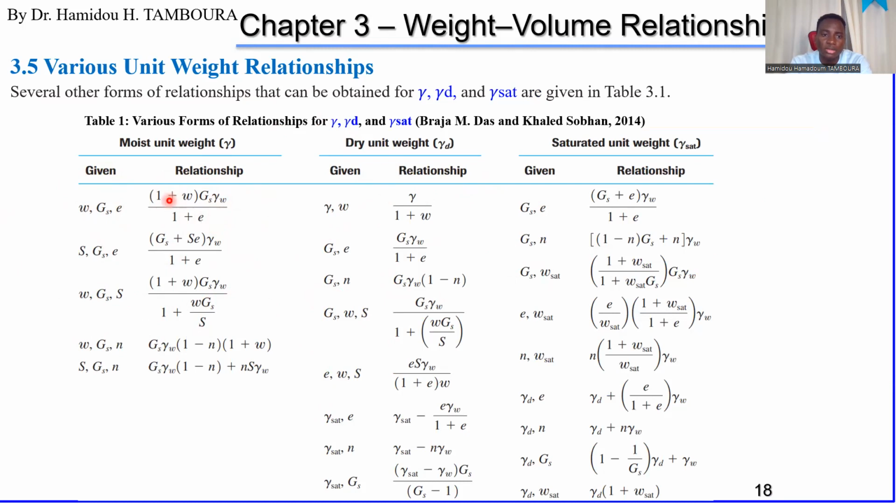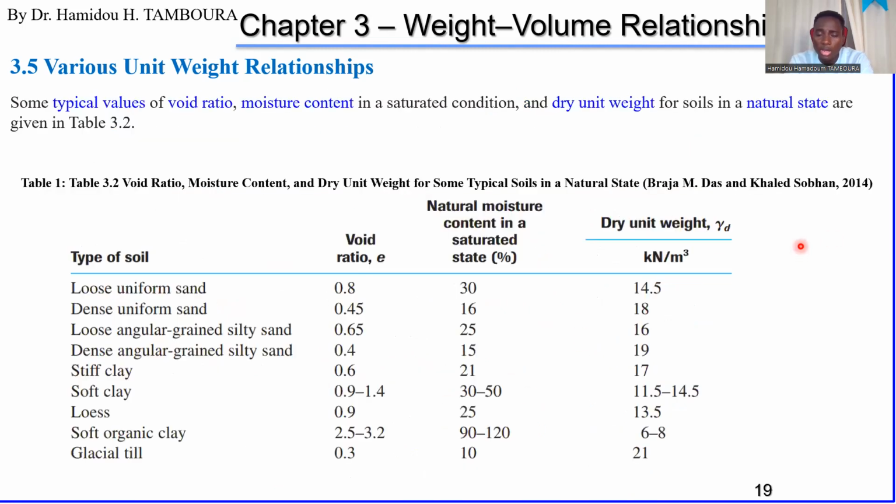This is like a summary of what we have done. Everything we did is included here. Just check. And also, we have this table showing some soils in the natural state with typical values of void ratio, moisture content, and dry unit weight.